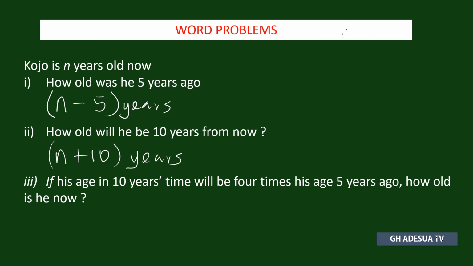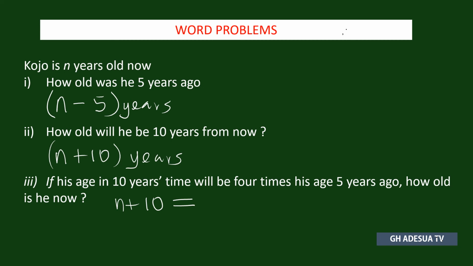So let's write a statement for this. If his age in 10 years time, that is n plus 10, will be, for the equal sign, 4 times his age 5 years ago. Now 5 years ago, what was his age? N minus 5.